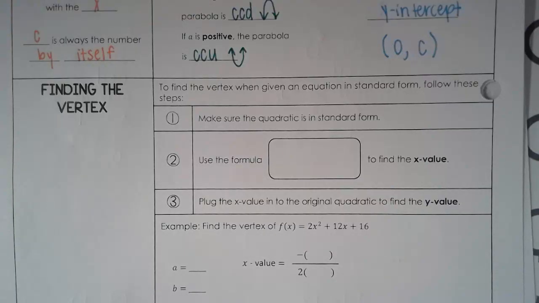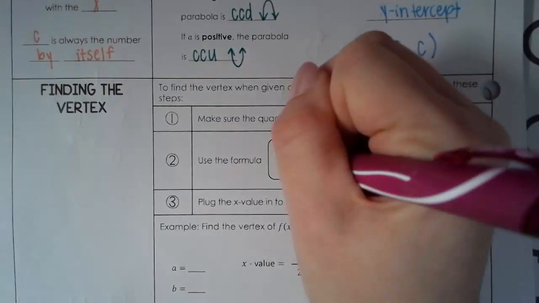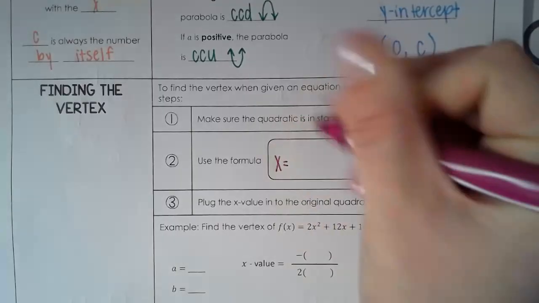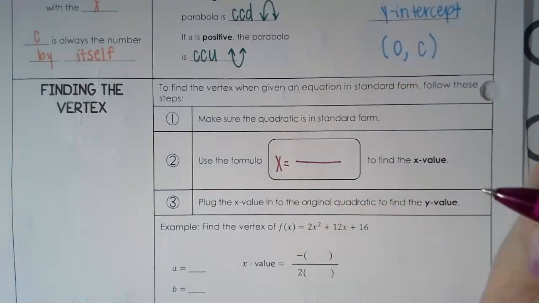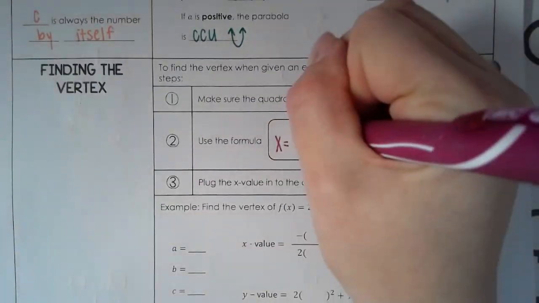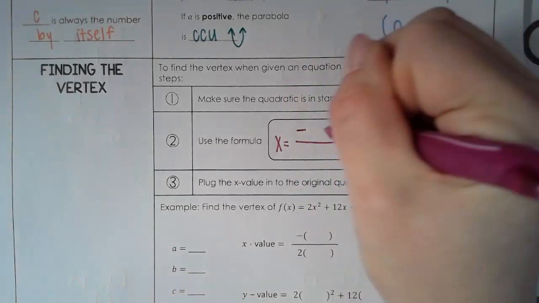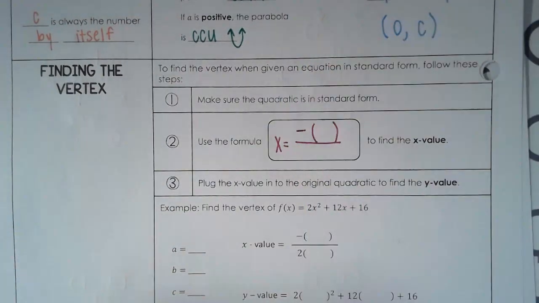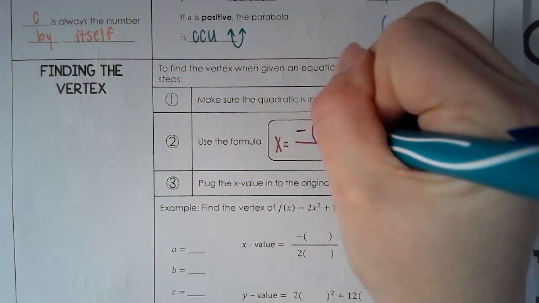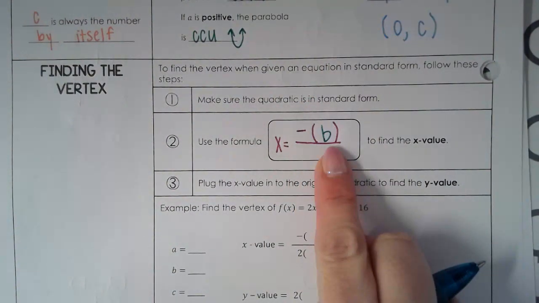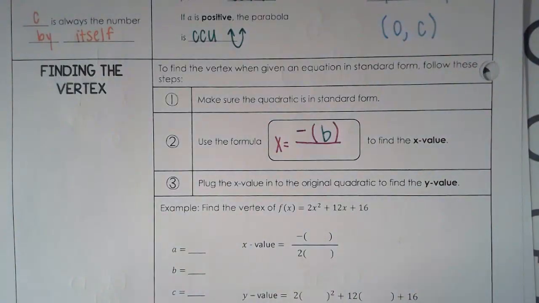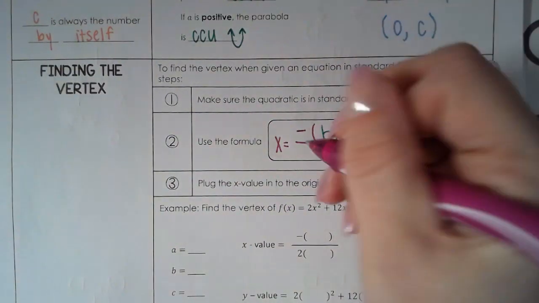So that formula, we start out x equals, and it's a fraction. Now in your fraction, you're always going to have a negative out front, and then in parentheses, you are going to put your b value. So it's negative b. Remember, that's the number up here that's with the x. And then on the bottom, there's a 2.